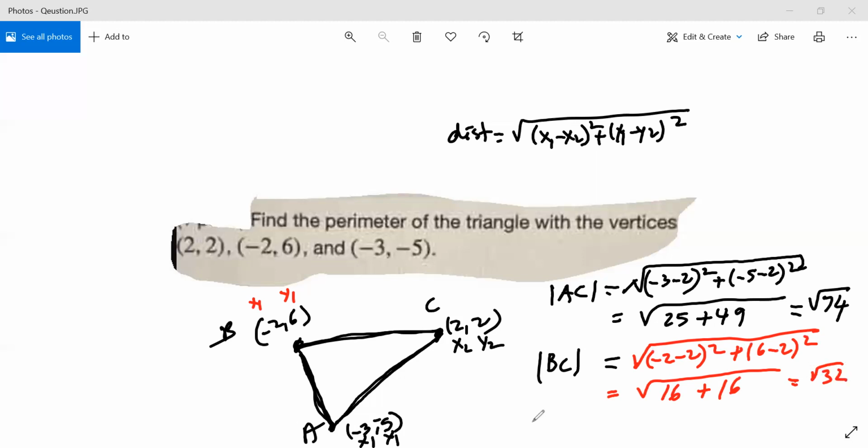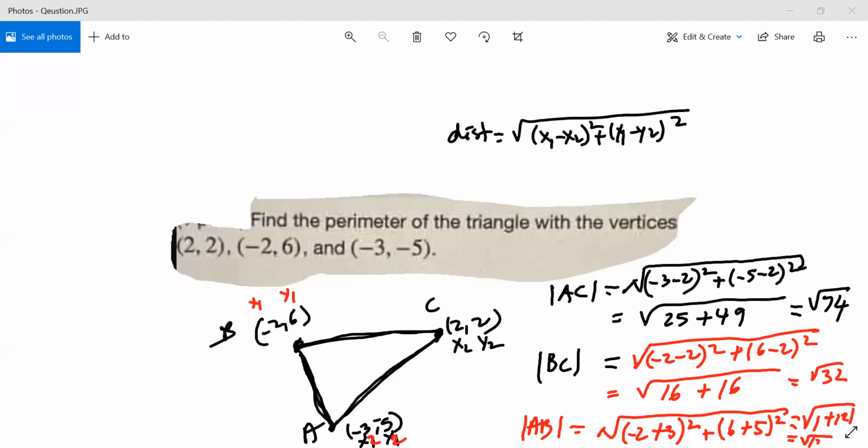And lastly, we can find the distance AB, which is also the square root of, and now you can call this x2, y2. So that's (-2 minus -3), that's plus 1 squared, and then 6 minus (-5) turns into positive 11 squared. 1 squared is 1, 11 squared is 121. So this is the square root of 122.